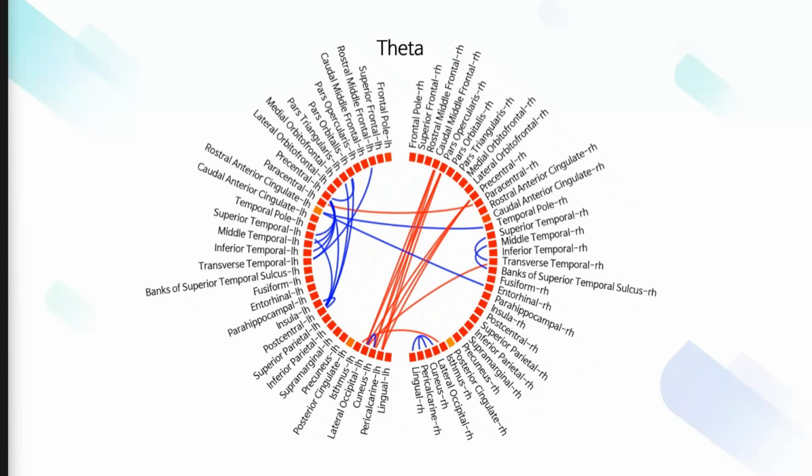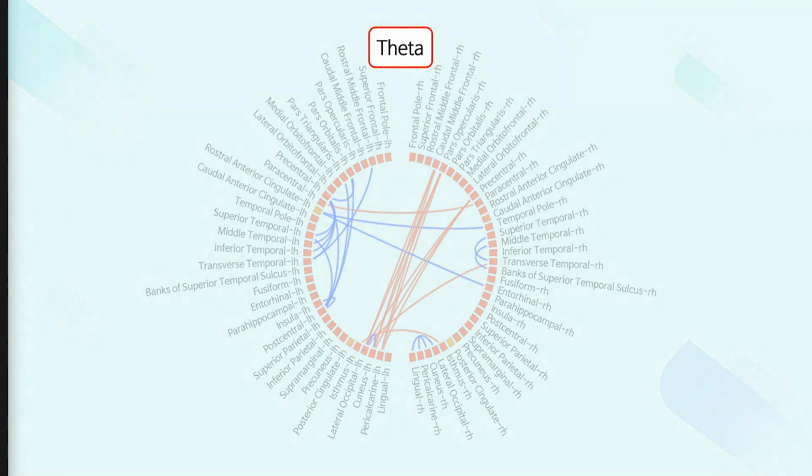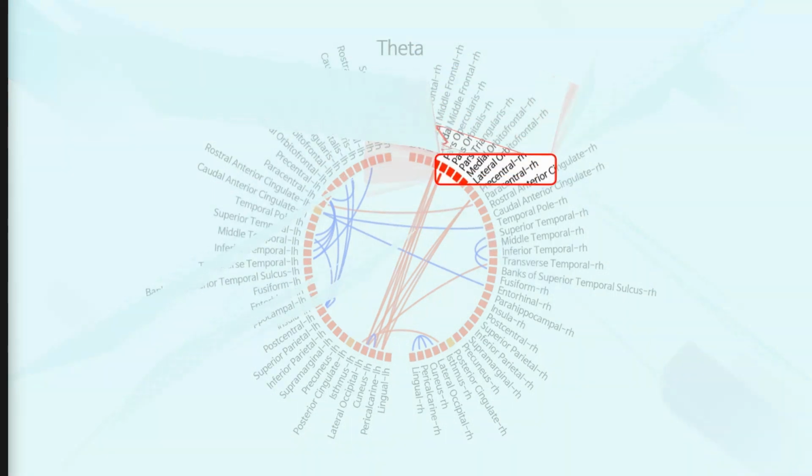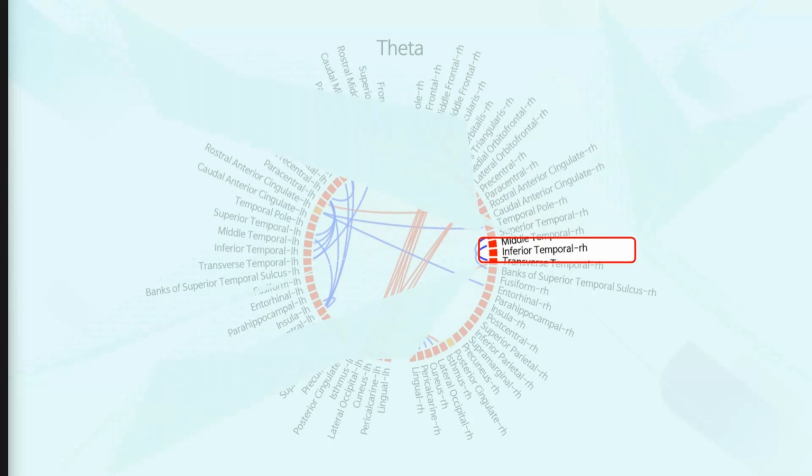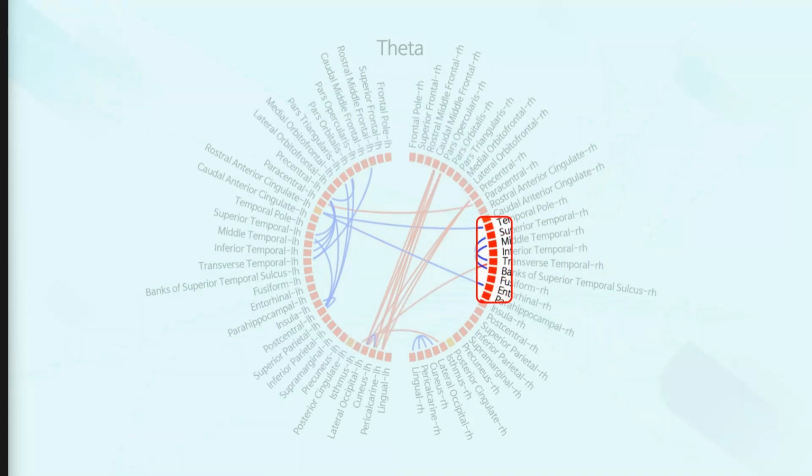So now that we know how to get this diagram, what is actually on it? Well, to start with, we have the frequency band. Remember, these connectivity analyses can only be for a specific frequency band, not combinations. Each one of these little phrases around the outside of the circle is a different one of these regions of interest. The colors next to these regions of interest are actually the source localization values, so the power in this frequency band at each of those locations.